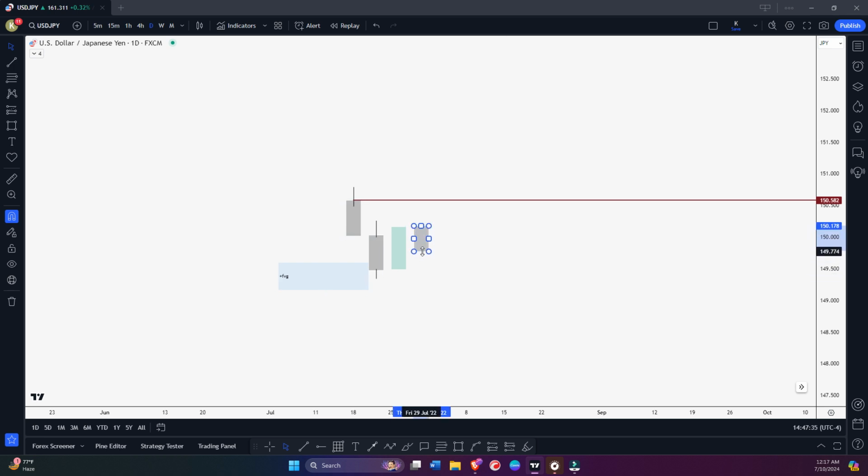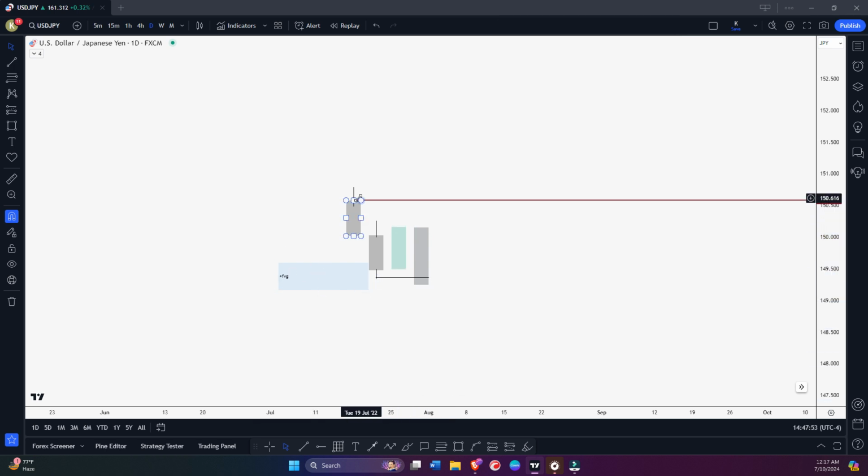Let's say this candle comes below this low, and this next candle comes below it, creating a bearish candle, and we come below this low, and still we are at this fair value gap.